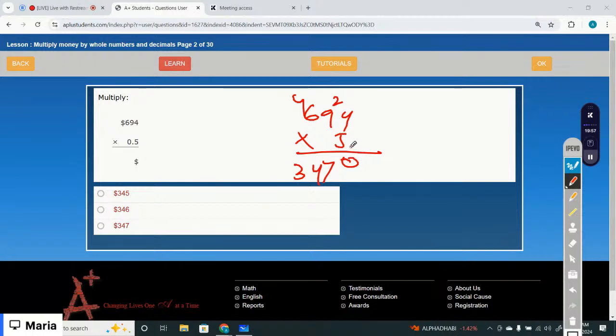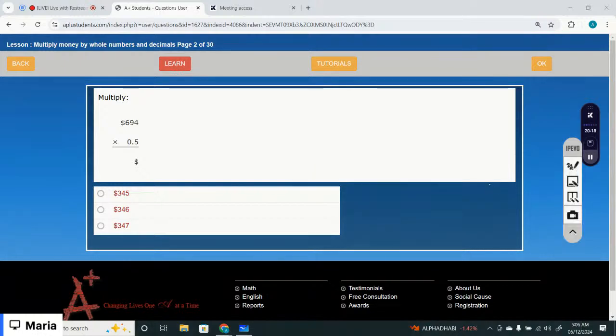That is 5 times 6 is 30, and 4 is 34. You need to move one decimal place, so you have to move it from here to here. So the correct option is 347.